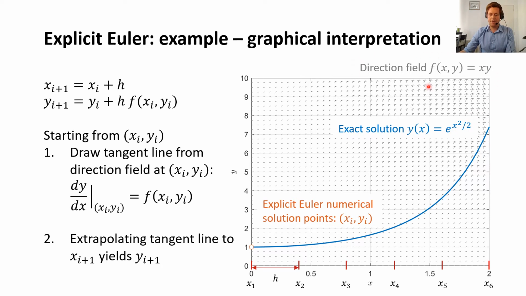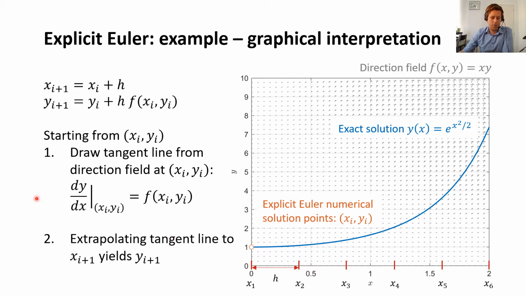This direction field is this function x times y, and I evaluated it at a large number of points, such that you can see what direction the functions point towards if they pass through these points. And we will also look at the explicit Euler numerical solution points in orange over here.